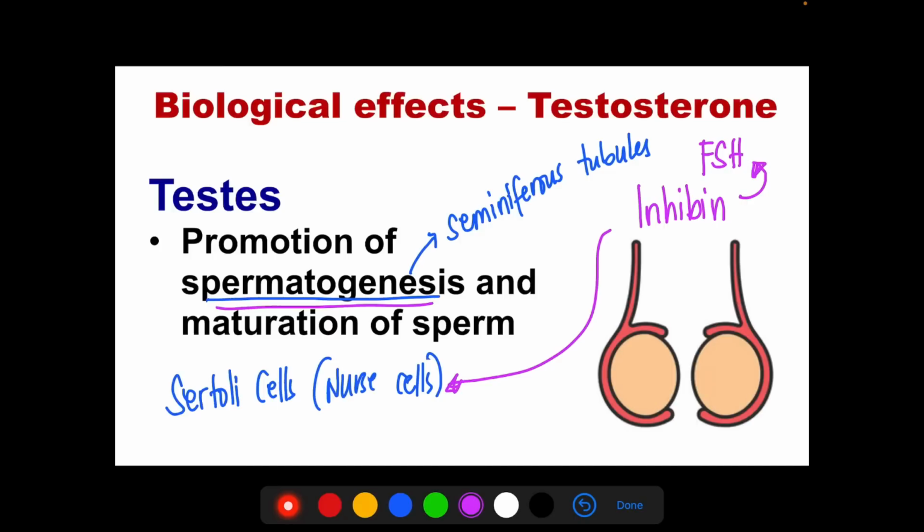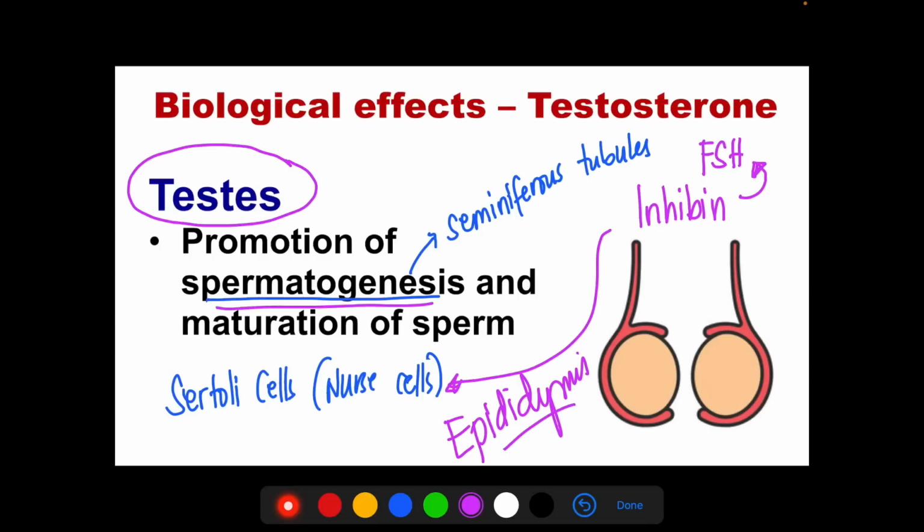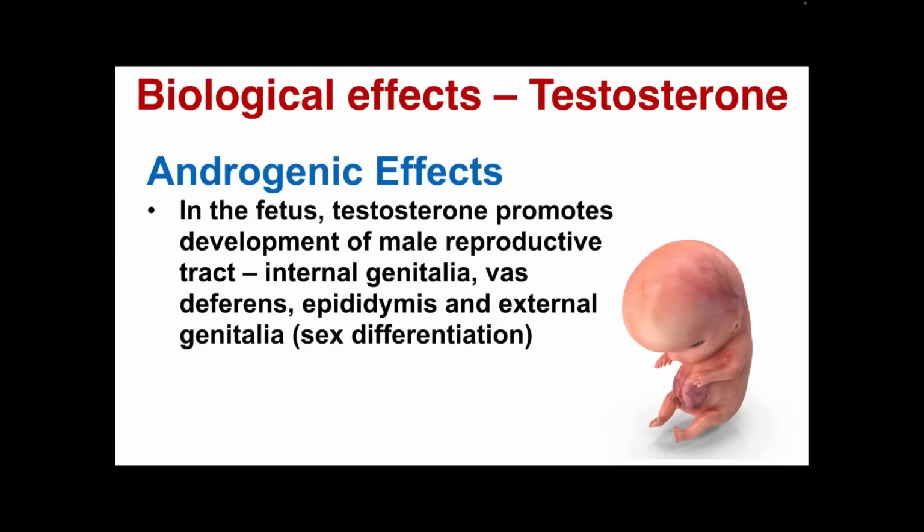I failed to mention earlier that sperm production occurs in the testis, but sperm maturation occurs in the epididymis. It is also where flagella development and the storage of sperm occur. So: sperm maturation, flagella development, and sperm storage.